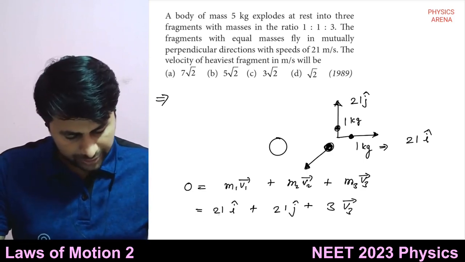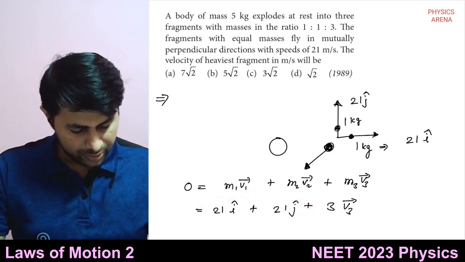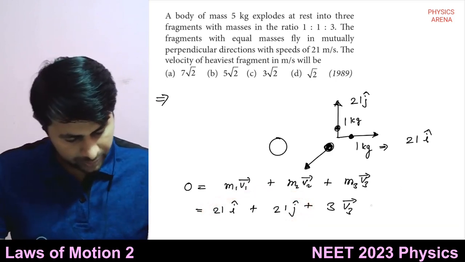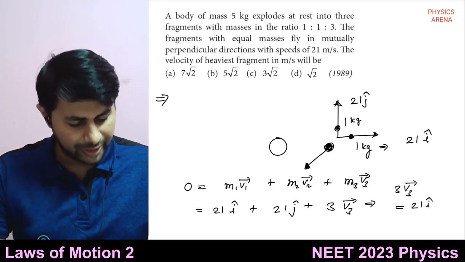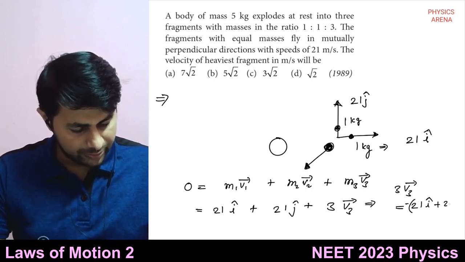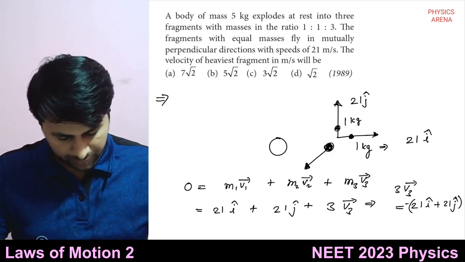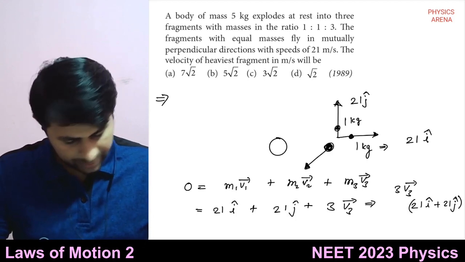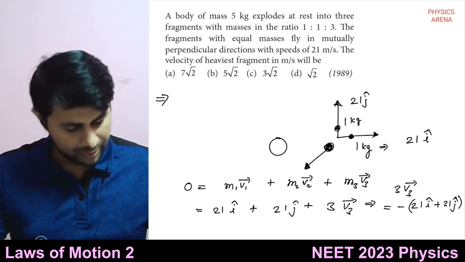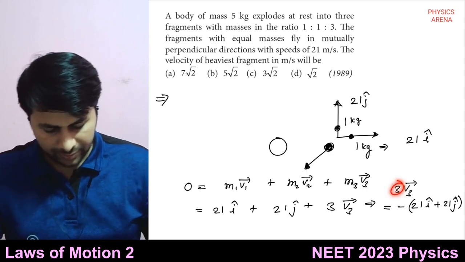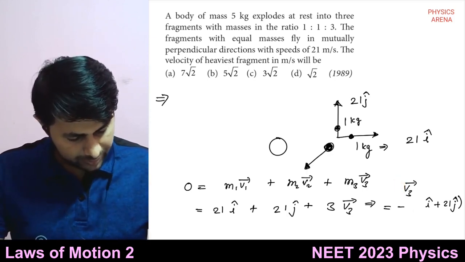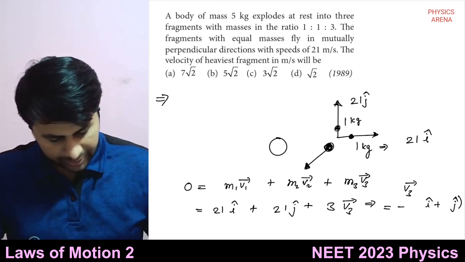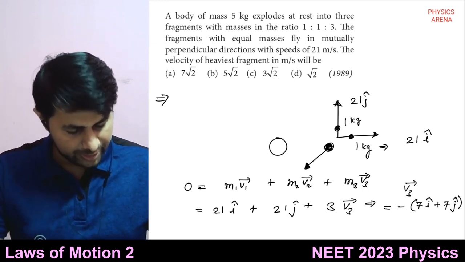Okay, so take this on the left hand side, so this is equal to 3v3 is 21I minus 21I plus 21j. Can you see this negative sign? And then divide by 3. So if you divide by 3, it will be minus 7I plus 7j.